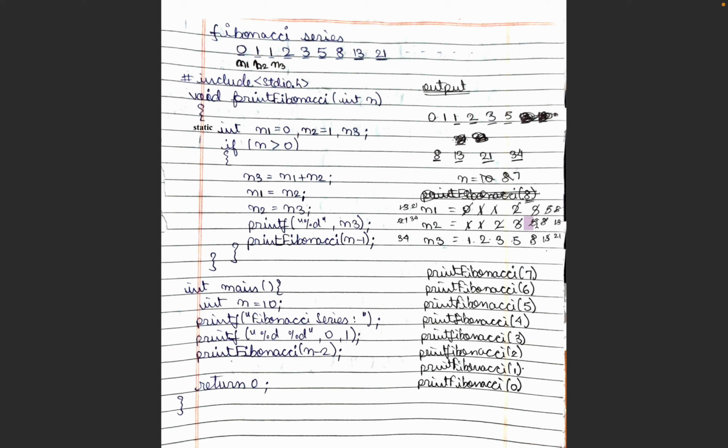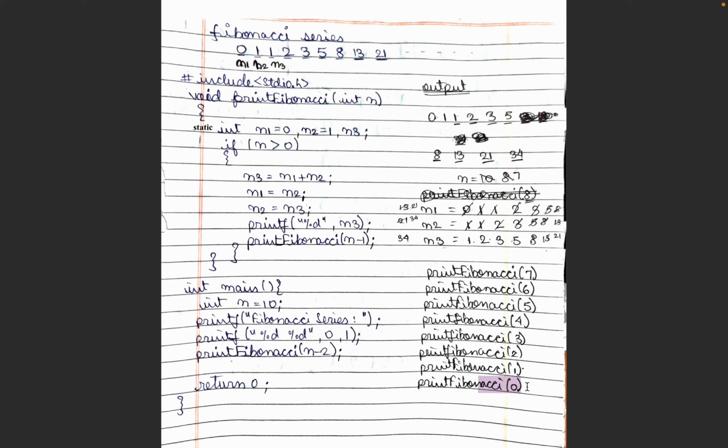Just swapping of the values will be there in n1 and n2. And n3 will be calculated again in the next rotation. Then we will write print Fibonacci n minus 1, that is 5 minus 1, that is 4. In the same way we will go till 0.